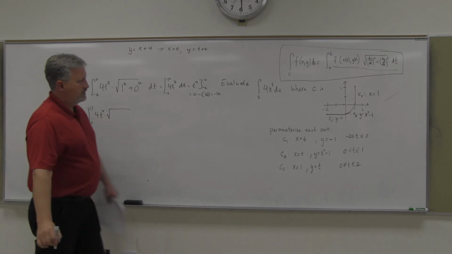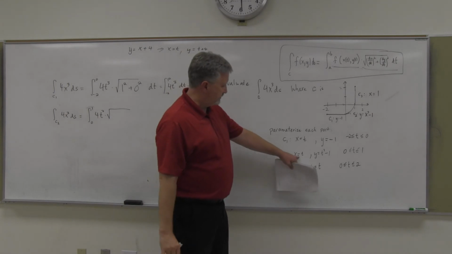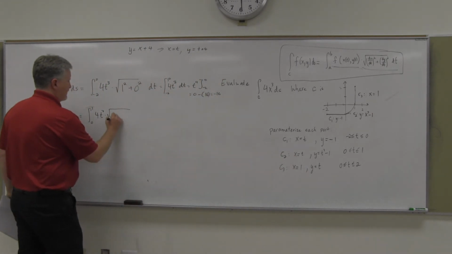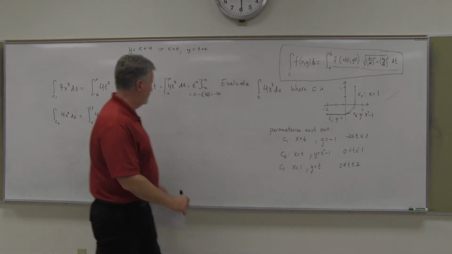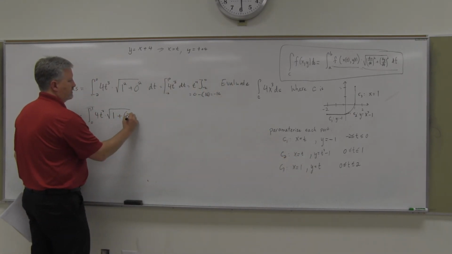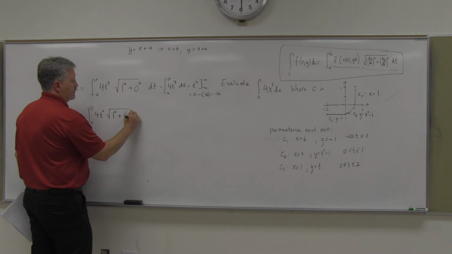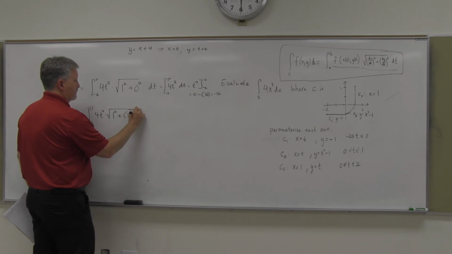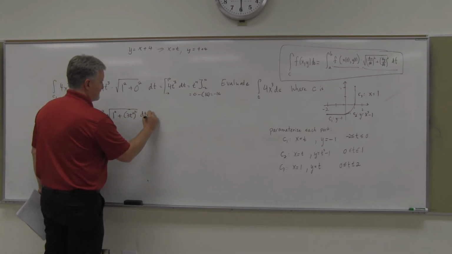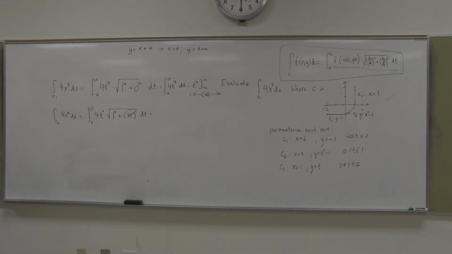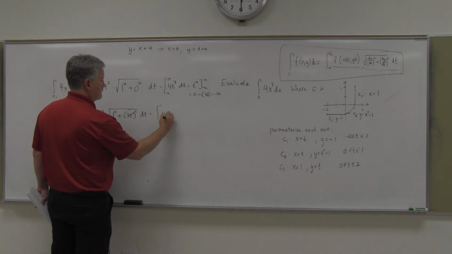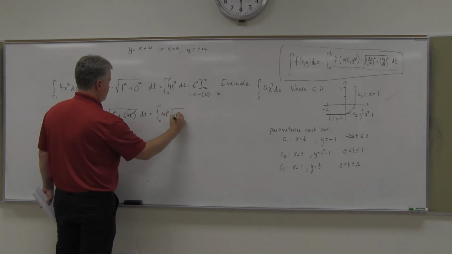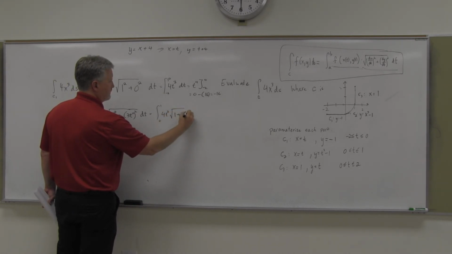And the derivative of x would be 1, and the derivative of y would be 3t squared. So I'd have to do 3t squared. Ooh, and that's pretty nice, because look what happens there. That's the integral 0 to 1 of 4t cubed square root of 1 plus 9t to the 4th.